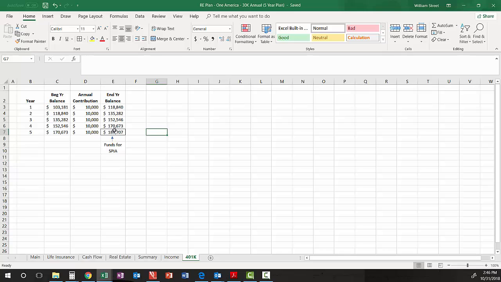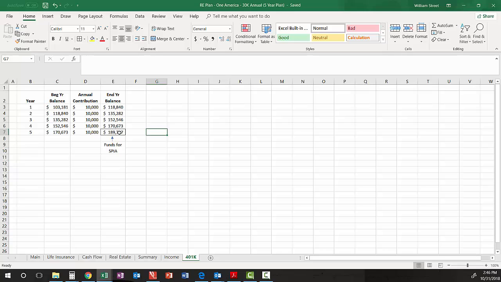So this 189,707 would roll into a SPIA just like before in the 8-year scenario, but it's going to happen sooner, which means that our income from it will be less. We've got a smaller balance, and Steve, in your case, you're 3 years younger than you were in the previous scenario.